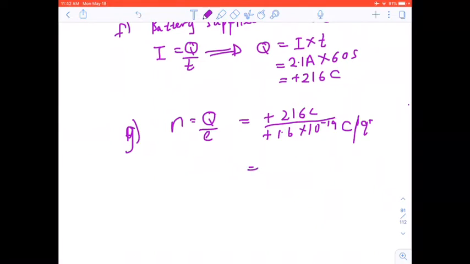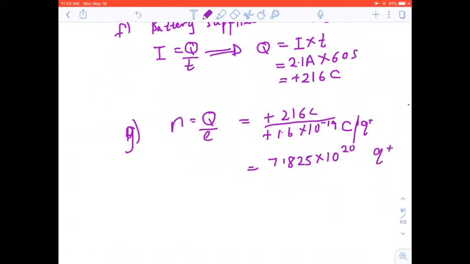it's equal to 7.825 times 10 to the 20 positive charges moving, right?